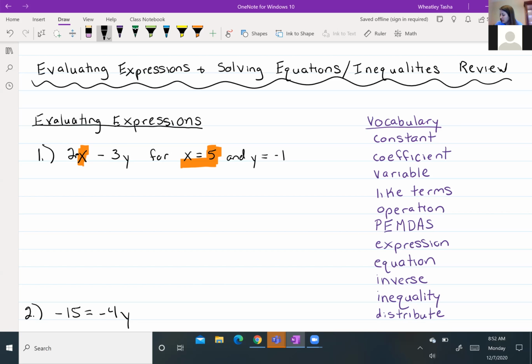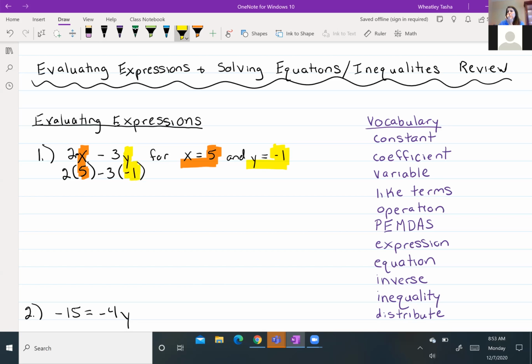Same idea. 2, and then when I replace the x, I do parentheses, but now I put 5 there instead. Then the -3 comes down, parentheses, and now my y value: y is -1. So I replace y with -1.